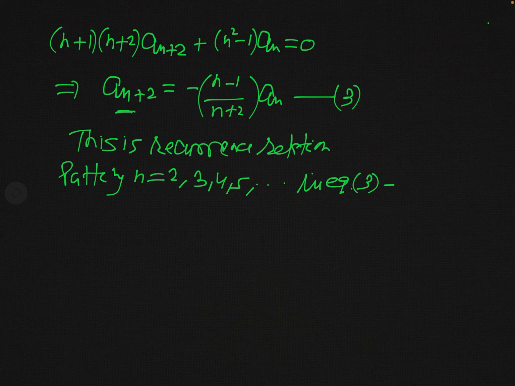When we put n equal to 2 here, this will be a4, that is, a2 plus 2, and in the RHS we have taken n equal to 2, so this will be minus 2 minus 1 over 2 plus 1 into an, and n we have taken 2, so this is a2.